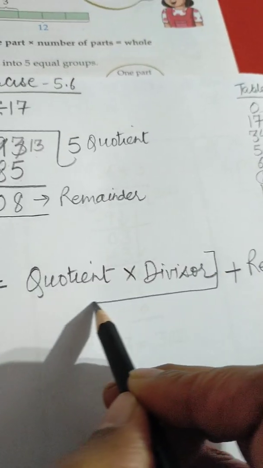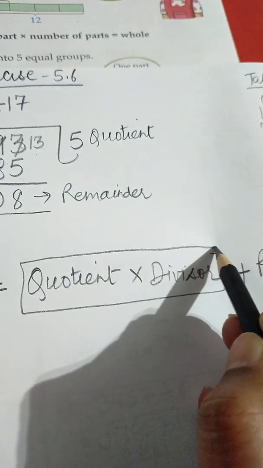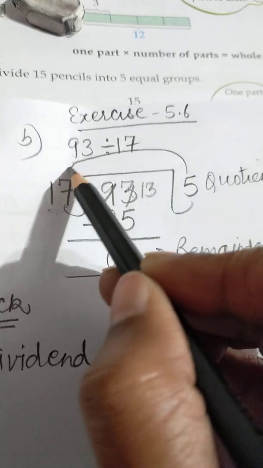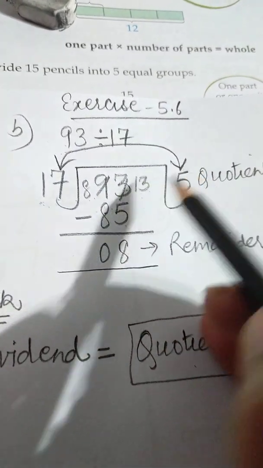Here firstly we will do multiplication, the multiplication of quotient and divisor. Means these both will be multiplied.